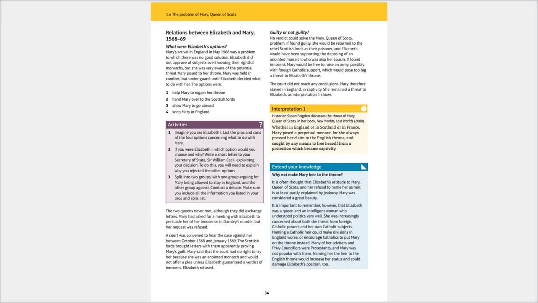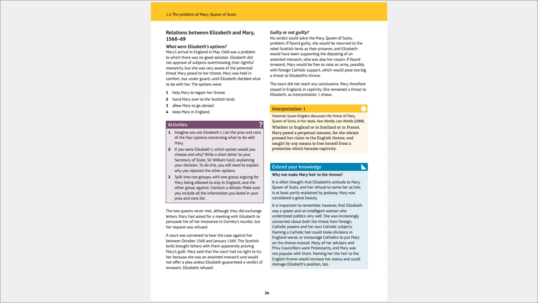Elizabeth, however, couldn't bring herself for a long time, and certainly couldn't in the late 1560s and 1570s, which we're dealing with now, to get rid of Mary or order her execution. She felt a sense of loyalty to her, a sense of sisterhood.